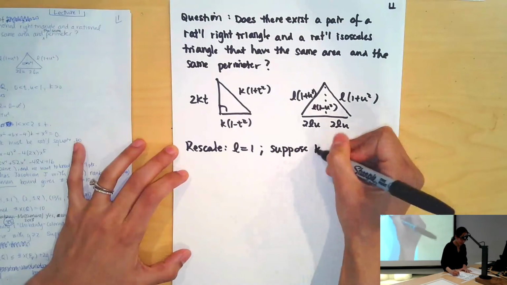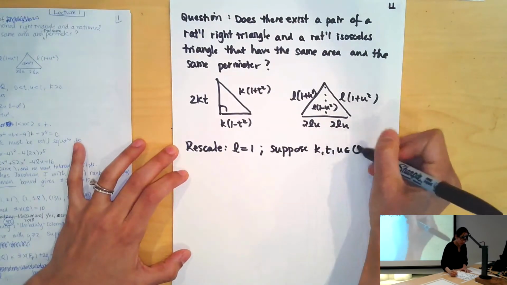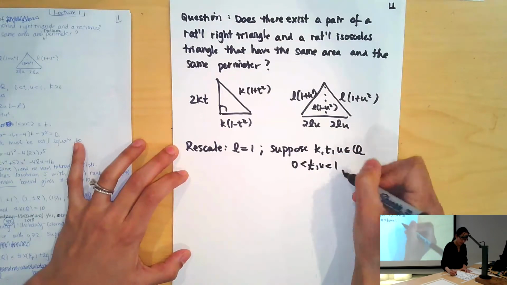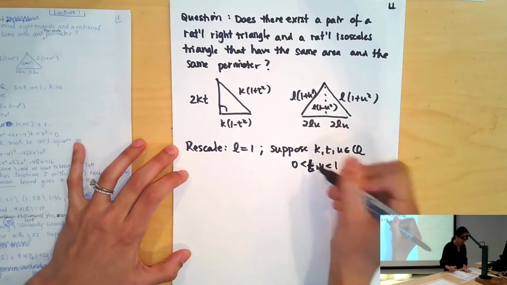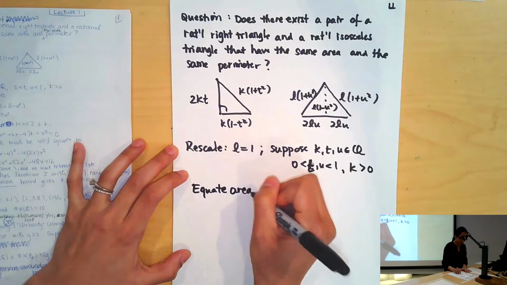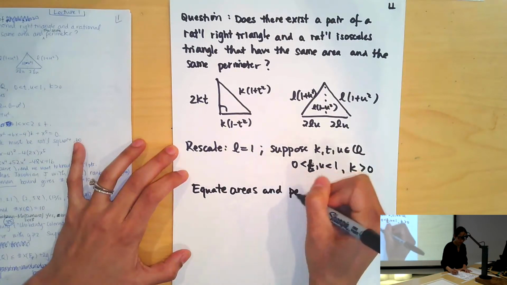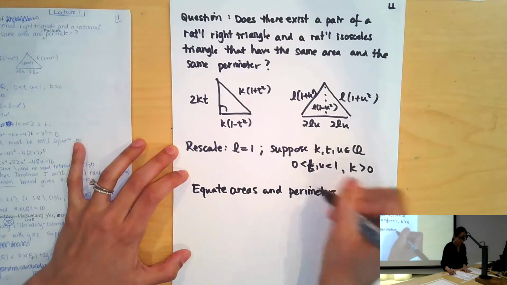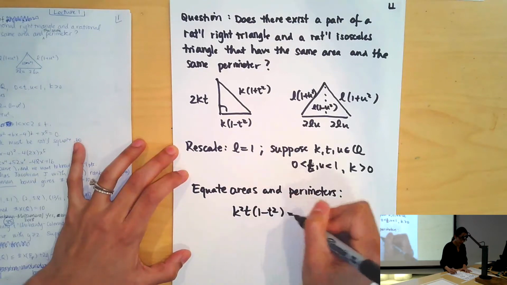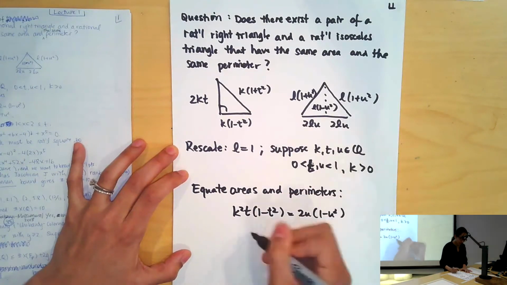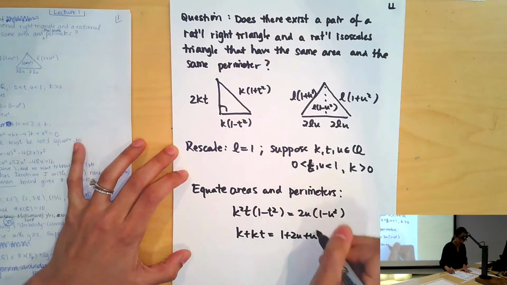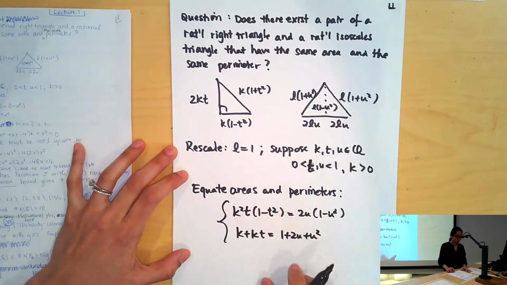So we're going to suppose that we have K, T, and U, some rationals, and T and U are between 0 and 1, and K is positive. So we compute areas and perimeters and equate them. So for areas, we get K squared T, 1 minus T squared, is 2U, 1 minus U squared. And for perimeters, we get K plus KT is 1 plus 2U plus U squared. So we'd like to solve this system.